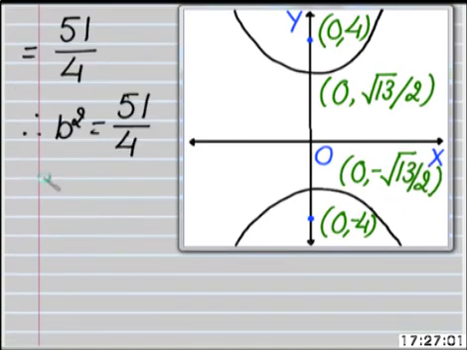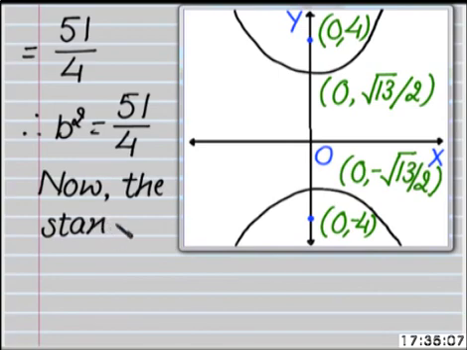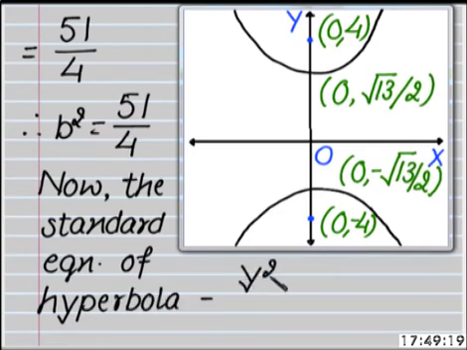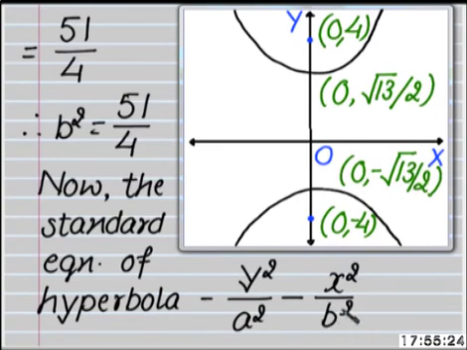Now, the standard equation of hyperbola is y square upon a square minus x square upon b square equal to 1.